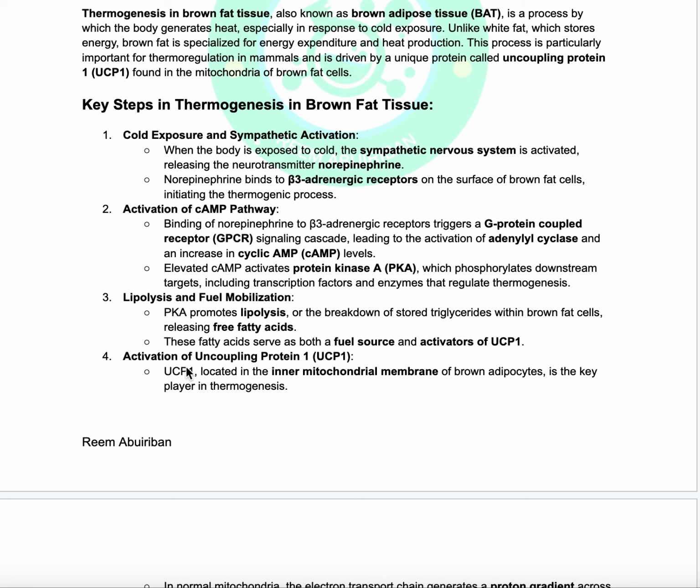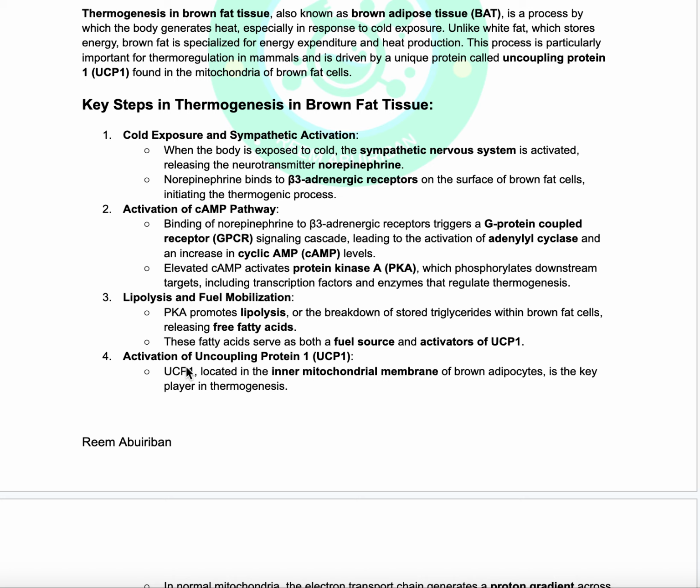Elevated cAMP leads to the activation of protein kinase A. A kinase adds a phosphate group, which phosphorylates downstream targets, including transcription factors and the enzymes that regulate thermogenesis.